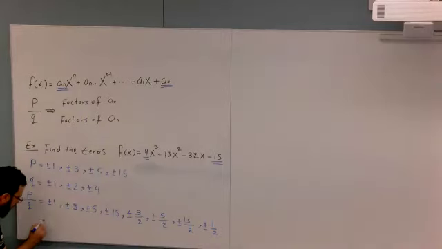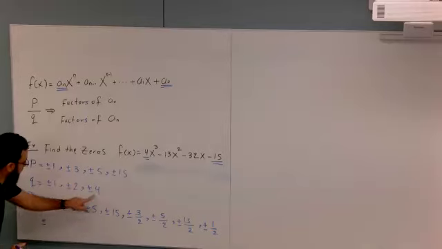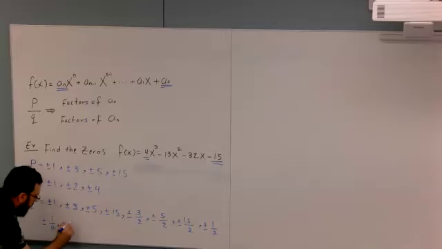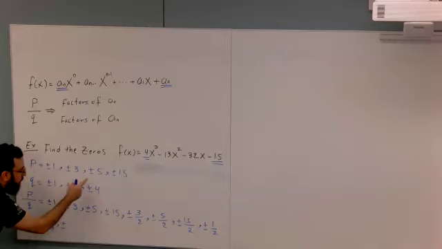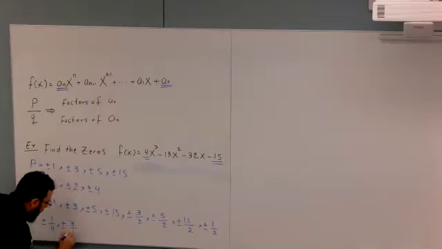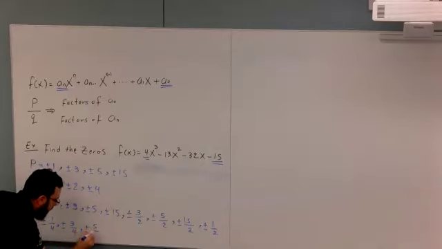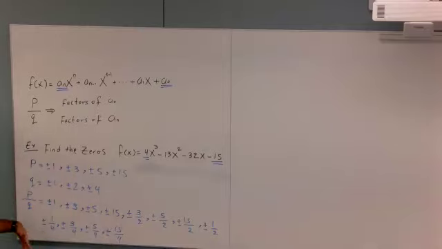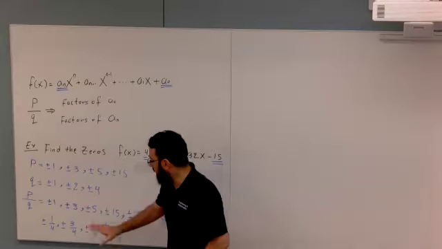Now divide by 4: plus or minus 1 divided by 4, plus or minus 3 divided by 4, and 5 divided by 4, and plus or minus 15 divided by 4. Is that okay? Yes, it's long, but you have to get all these.